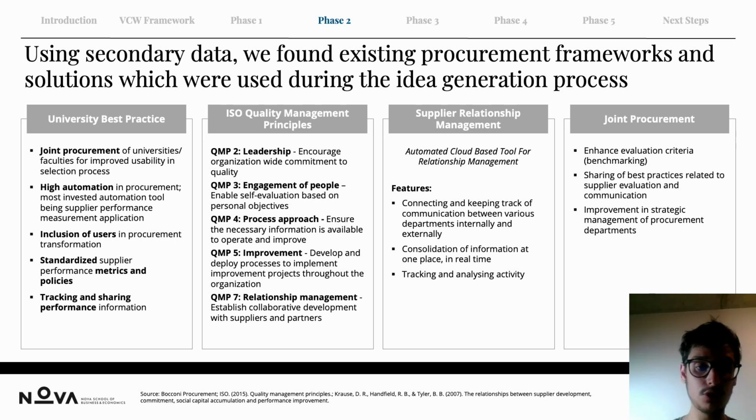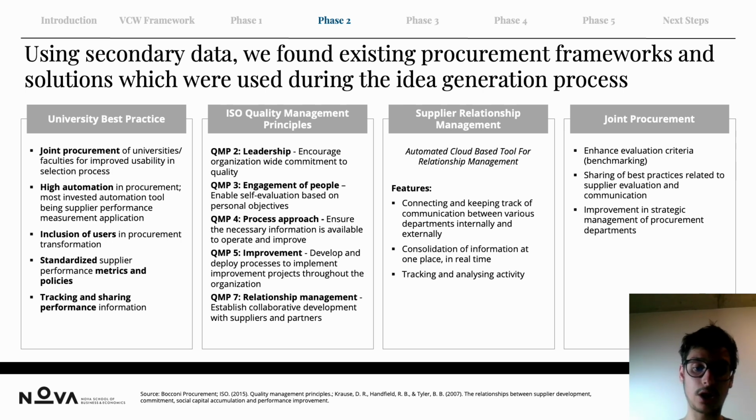For example, one is the high automation in procurement, meaning a supplier performance measurement application that can integrate and generate output faster. That's inside the university best practice.